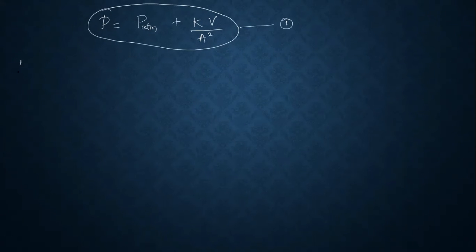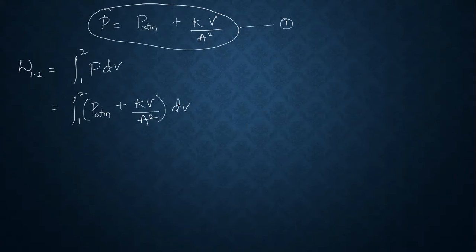Therefore, for a reversible process, the work is integral 1 to 2 of P dV. And P is P atmosphere plus kV by A square, into dV.